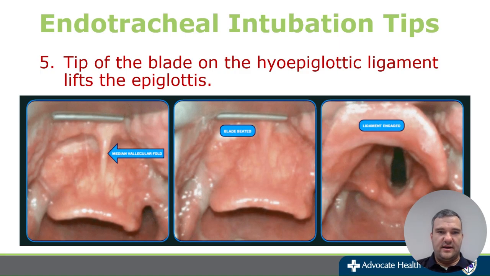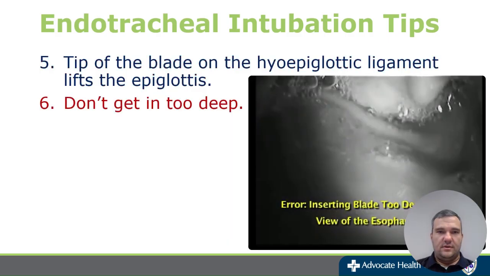So when using the blade, you're going to activate the vallecular fold over here, which essentially when you push the blade into that, it's going to lift your epiglottis up and give you this view that is seen on the right, where you expose those vocal cords and gives you a nice target to go ahead and intubate through. If you go too deep, it kind of blurs your anatomy.